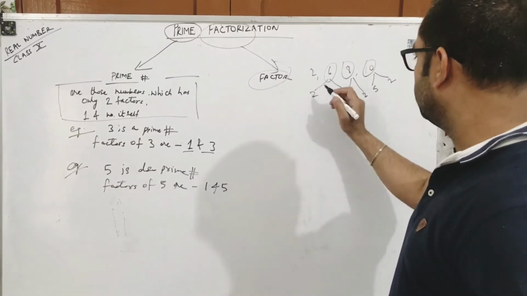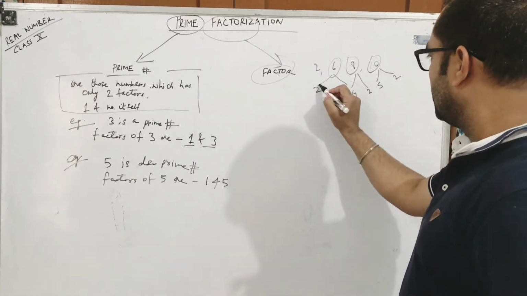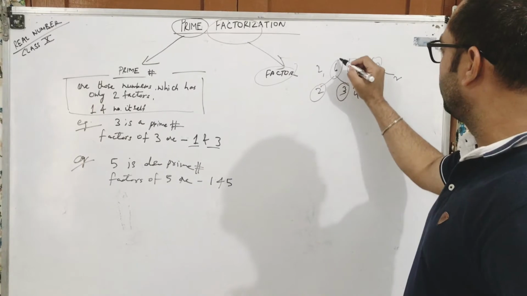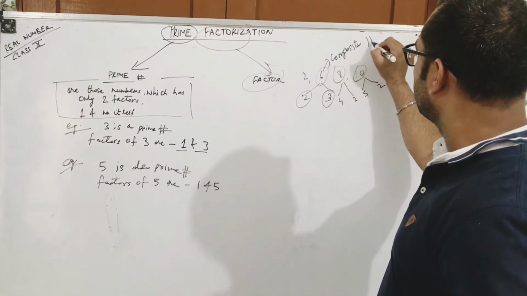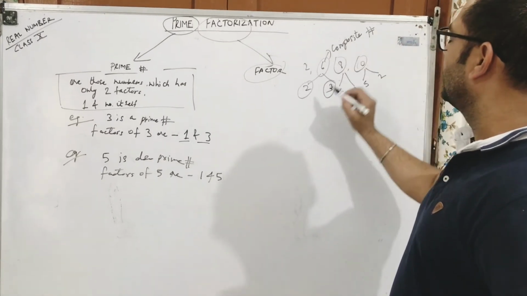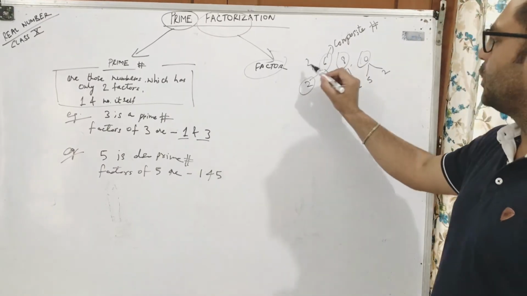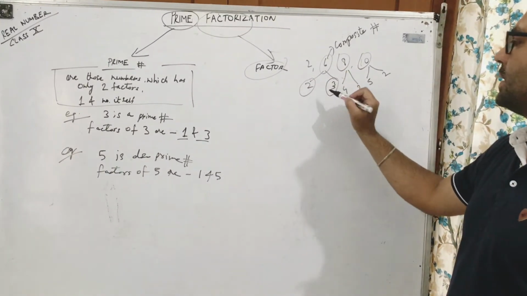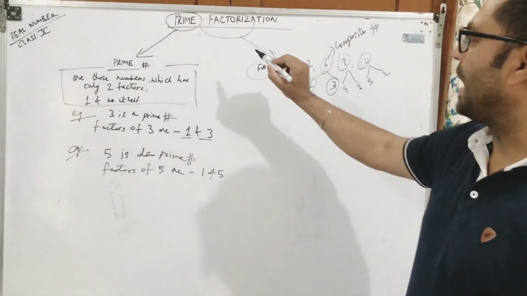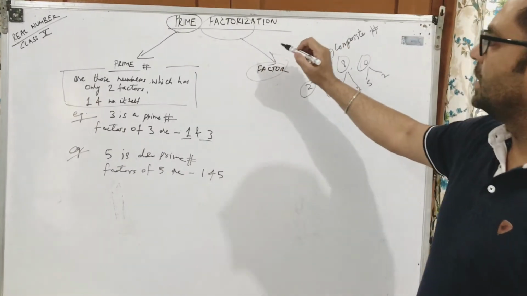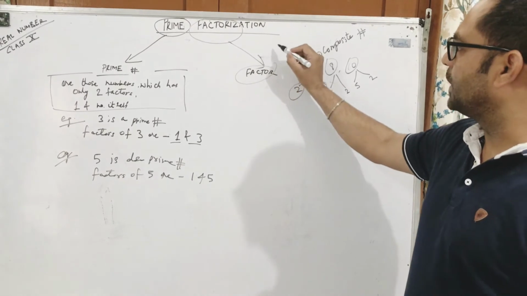So factors are those numbers which, if we combine them, give us the composite number. The factors of 6 are 2 and 3, and like here the factors of 3 are 1 and 3. So prime factorization means we have to find the prime factors of that particular composite number.